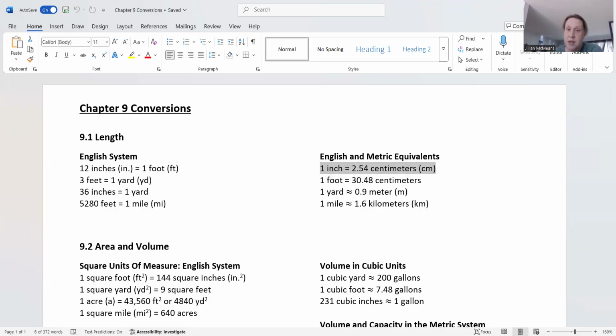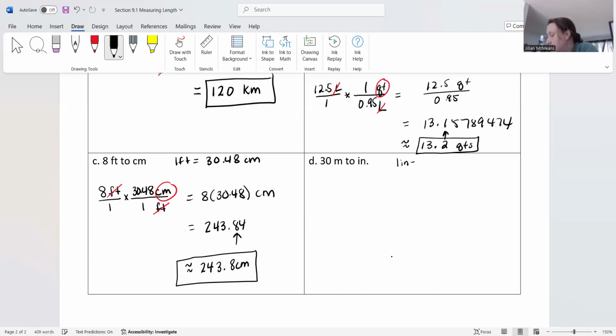So let's remember 1 inch is 2.54 centimeters. All right, so we get 1 inch equals 2.54 centimeters. And what we're really going to do is take meters and convert it to centimeters, and then convert to inches. Okay, so let's go ahead and convert just in the metric system.